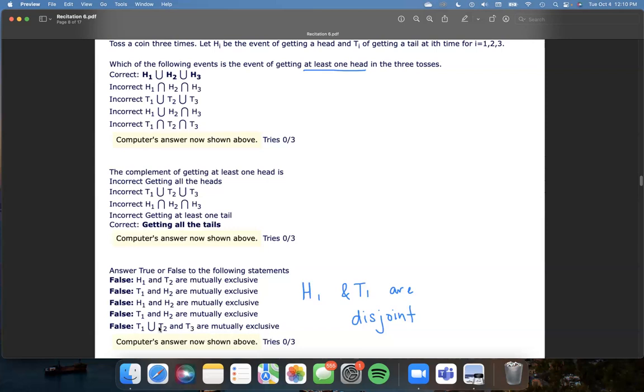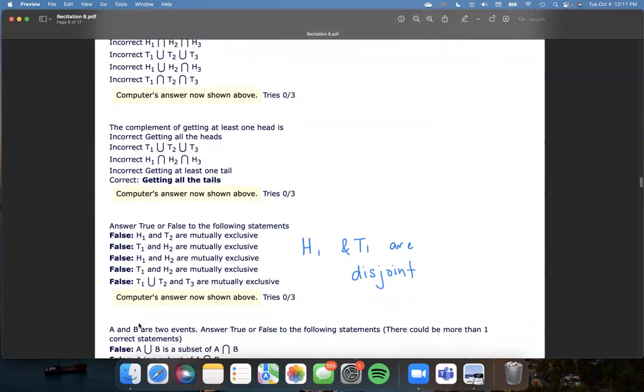That's false, because getting a tail on the first or second toss and getting a tail on the third toss can all happen. They're not mutually exclusive. In other words, the intersection of T1 union T2 with T3 is not empty. So all of these here are false.